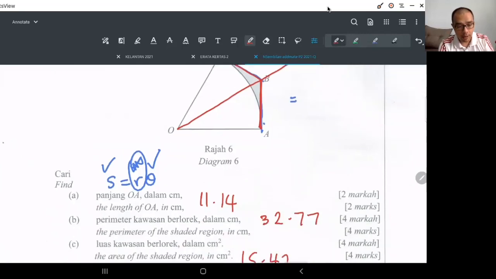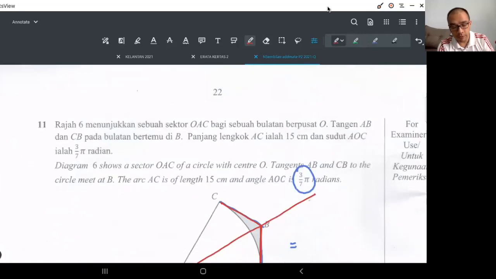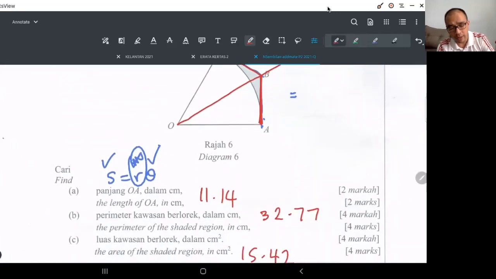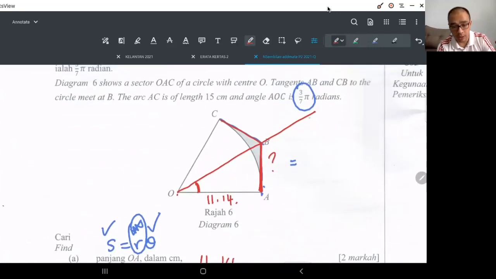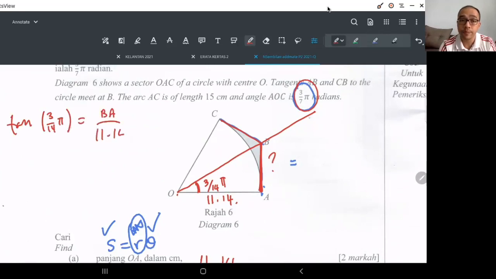How do I count the value of this BA? I already have the value of OA, which is 11.14. Do I have this angle? Yes, I do. It's 3/7 pi, so divided by 2 will be 3/14 pi. So I can use tangent: tangent 3/14 pi equals BA over 11.14.